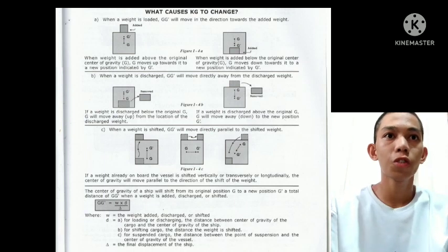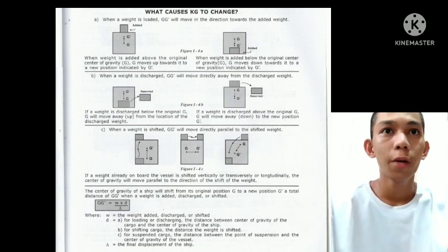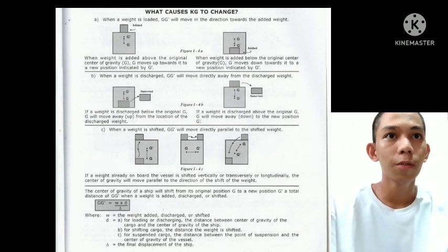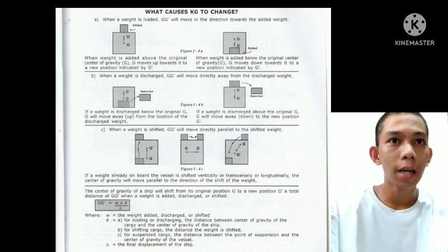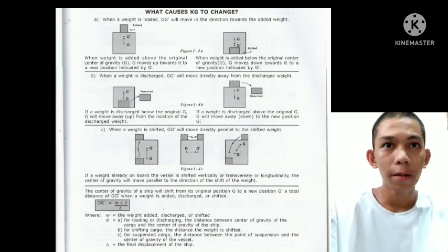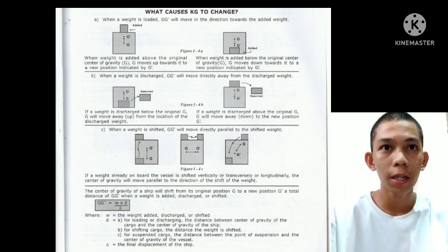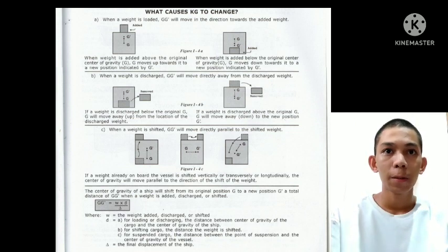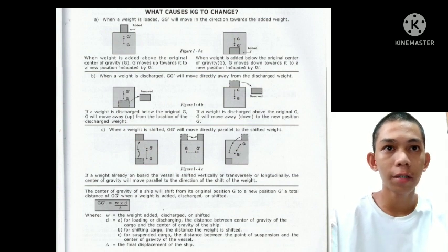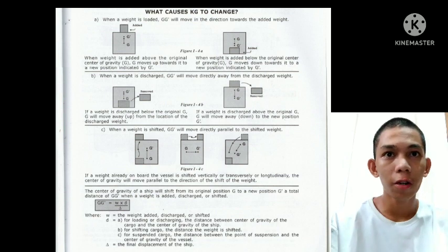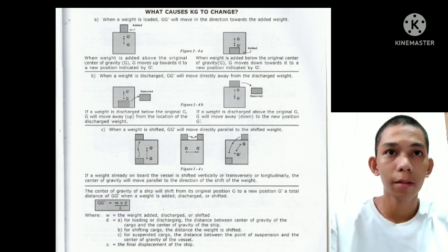What causes KG to change? A, when a weight is loaded, G will move in the direction towards the added weight. B, when weight is added above the original center of gravity, G moves towards it to a new position indicated by G1. And if weight is discharged below the original G, G will move away from the location of the discharged weight.